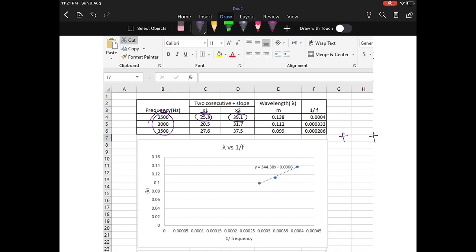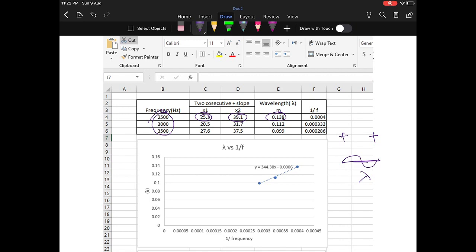Two consecutive positive slopes represent a complete wave, so this is the wavelength, lambda. It will be 39.1 minus 25.3, that is 13.8, so the wavelength lambda is 0.138 meter. In the same way, the corresponding wavelengths for 3000 and 3500 hertz are 11.2 and 9.9 centimeters.